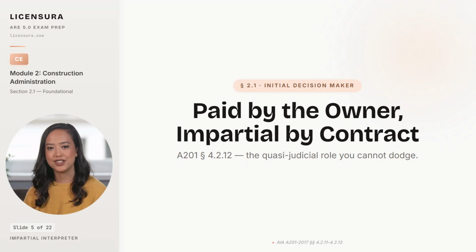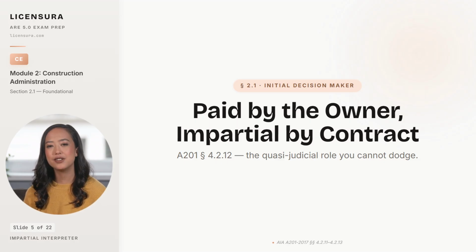Here is the architect's most uncomfortable contractual position. You are paid by the owner, but A201 sections 4.2.11 through 4.2.13 require you to interpret the contract documents and render initial decisions on disputes between the owner and the contractor, impartially.